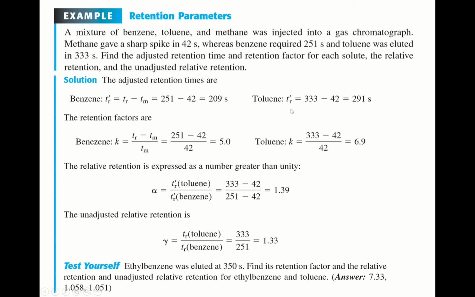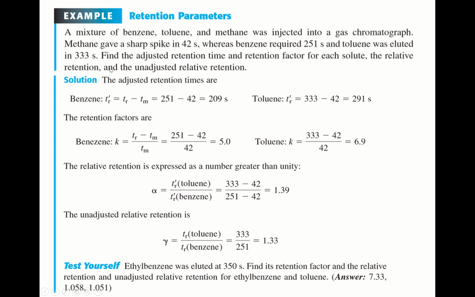In the same way, for toluene the adjusted retention time is 291 seconds. And what are the retention factors? For benzene, k is defined by this, and Tr in this case is not the adjusted retention time, but the apparent retention time.